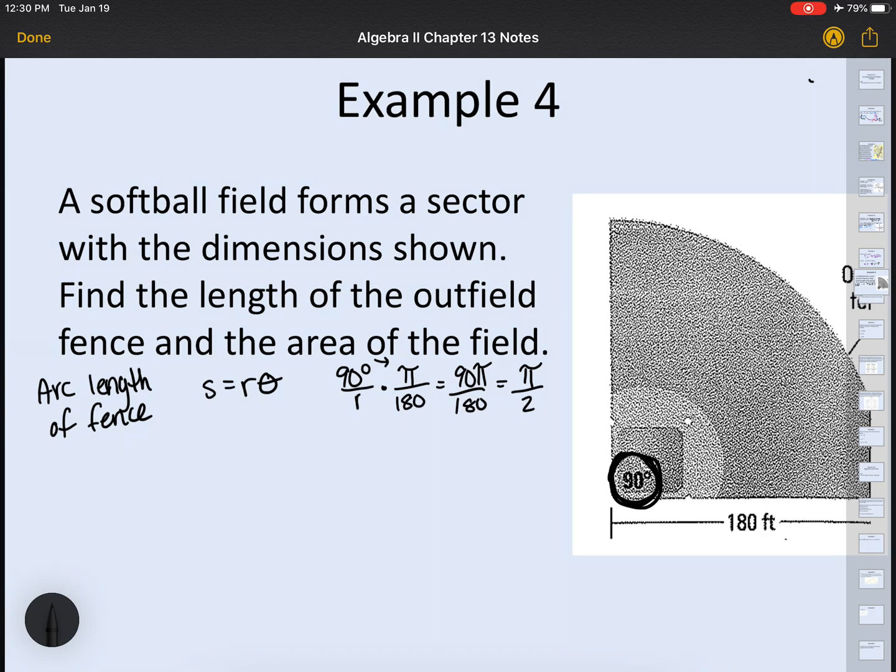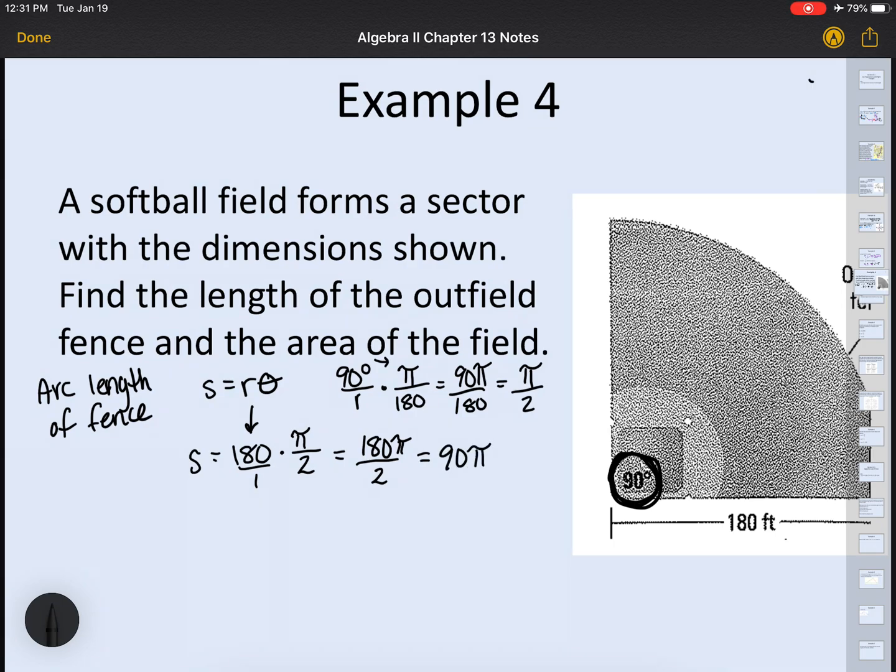So now I'm going to start with our S. And our R here is 180. And we're multiplying it by our radian measure of theta, which was pi over 2 we just got. So again, multiply straight across. So 180 pi all over 2 is the same thing as 90 pi.